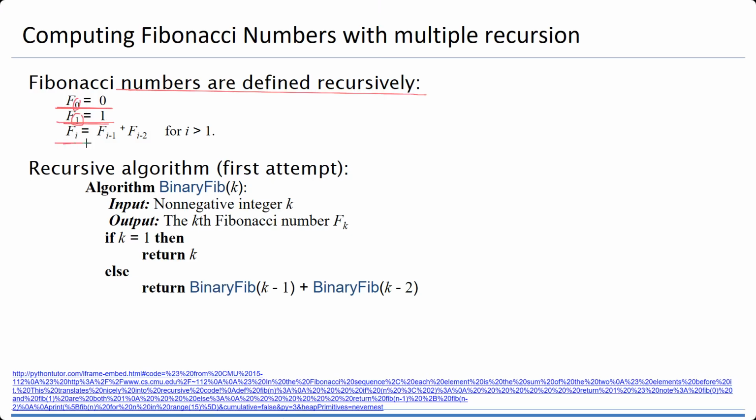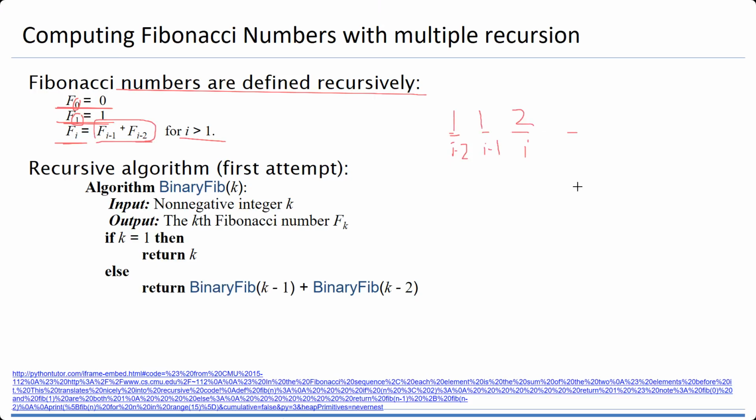The index I means the index is higher than 1. We will use the formula I minus 1 plus I minus 2. So we know that if we have 1 and 1 like this sequence, the next value will be, this is I minus 2, this is I minus 1, and this is the index I. So we will get 1 plus 1, which equals 2.